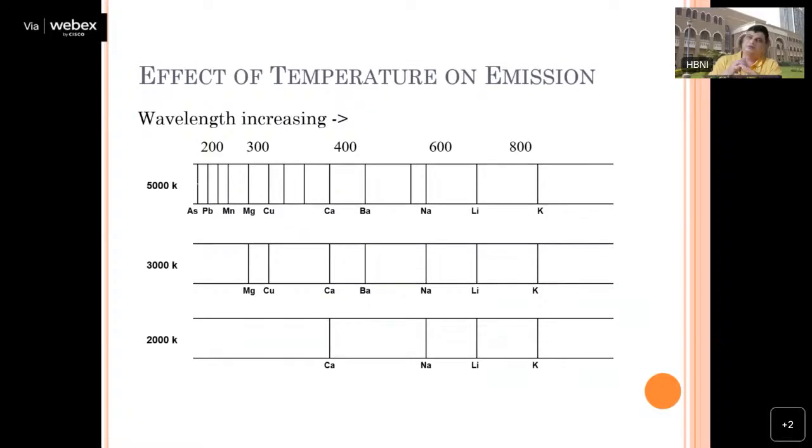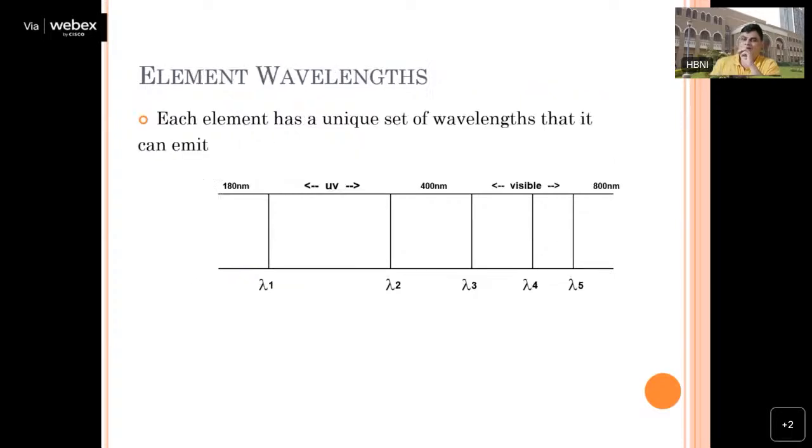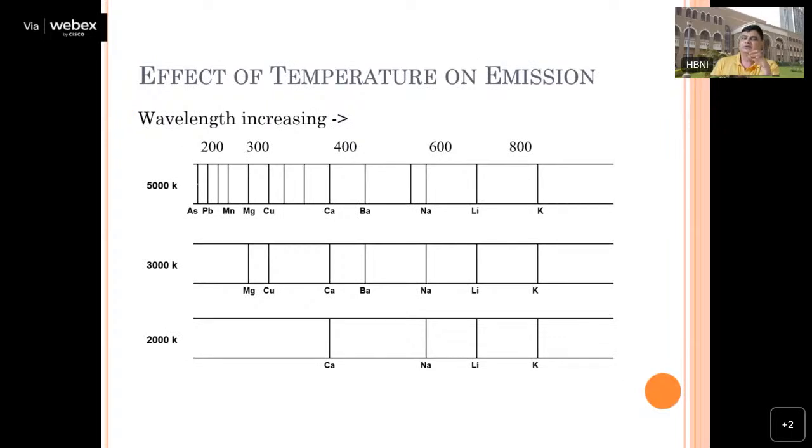You have seen that in atomic absorption spectroscopy, we have a maximum temperature of only about 3000 degrees centigrade. But here in ICP-OES, we have plasma. Here we can reach temperatures up to about 10,000 Kelvin, but most of the analytical measurements are carried out in the range of 5,000 to 6,500 degrees centigrade.